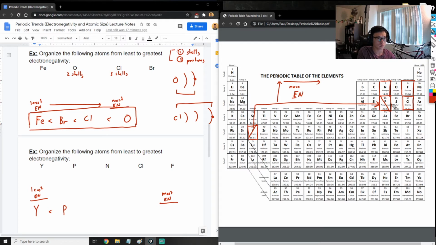Okay, and then we have to move to the top right, and you're going to notice there's one right on top. We have nitrogen on top, and we have Cl on the bottom. So for these last three, let's look at the shells, and then let's look at the protons. So nitrogen and fluorine, they're both in the second row, so they both have 2 shells.